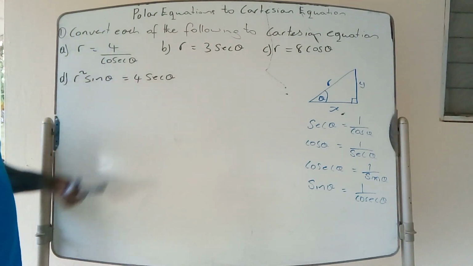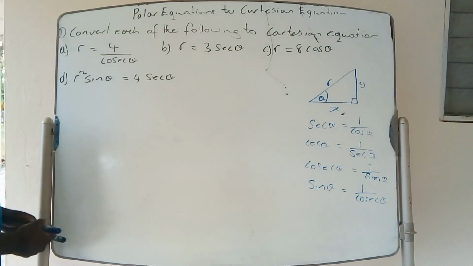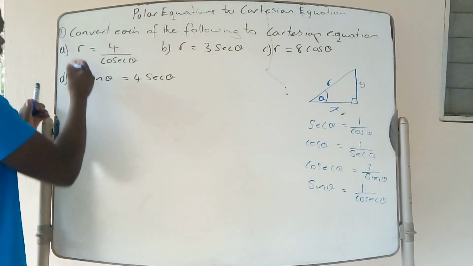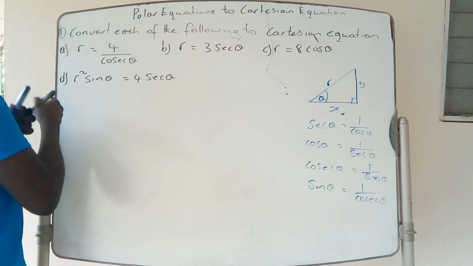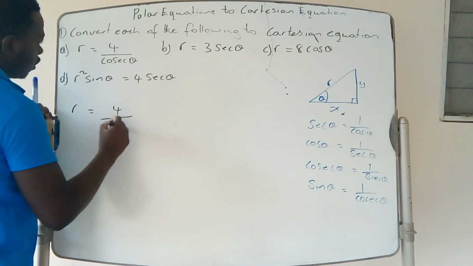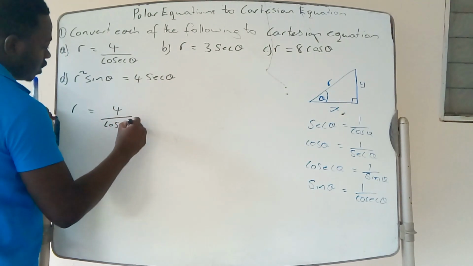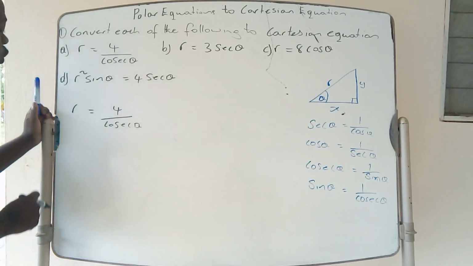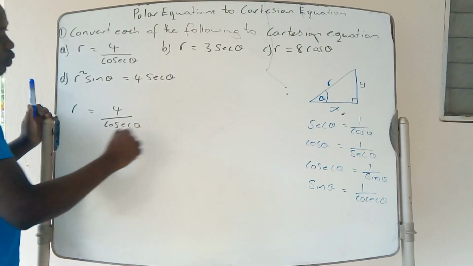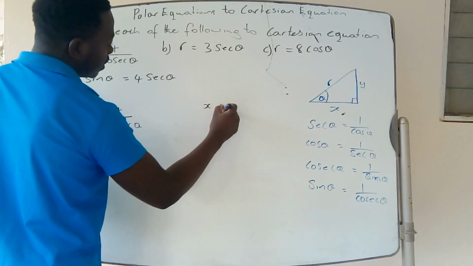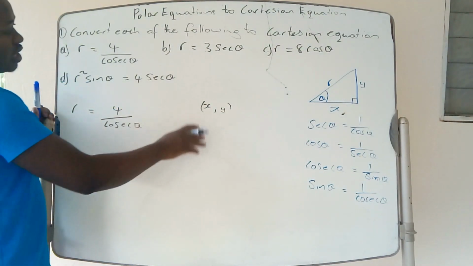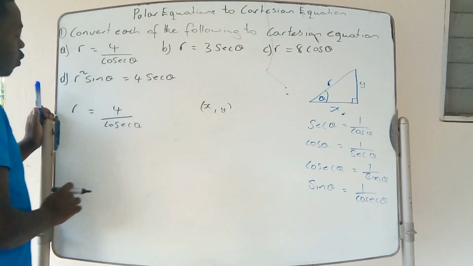It says convert each of the following to Cartesian equation. Now these are polar equations. So the first one that we are going to look at is A. And A says we have r is equal to 4 over cosec theta, right? Now, if you are converting this equation to Cartesian equation, we only need the variables x and y, because anything that has to do with Cartesian equation has to do with x and y, right?